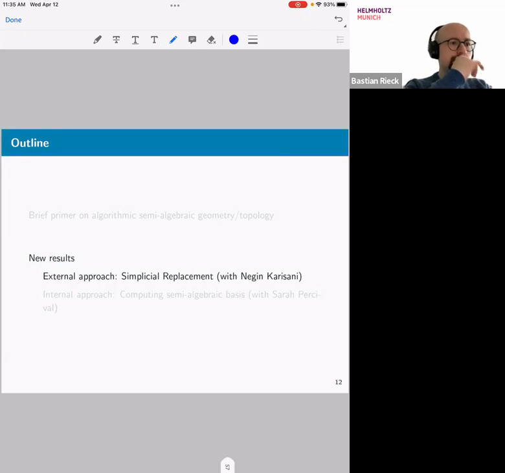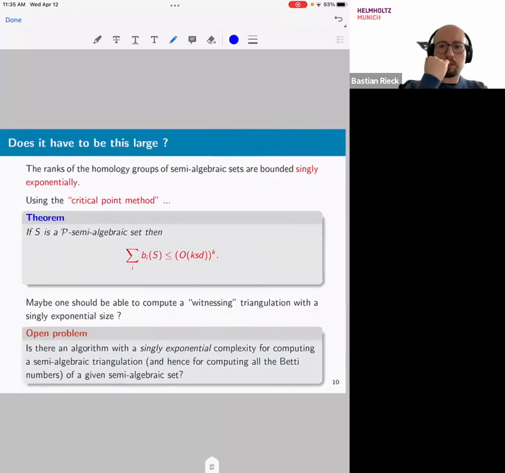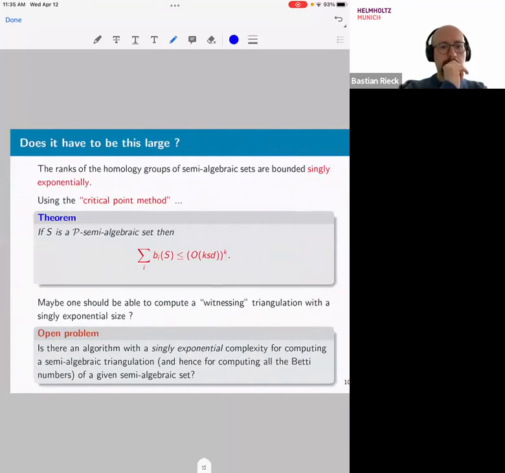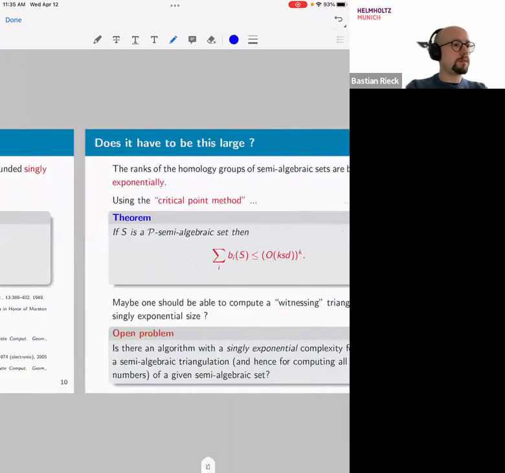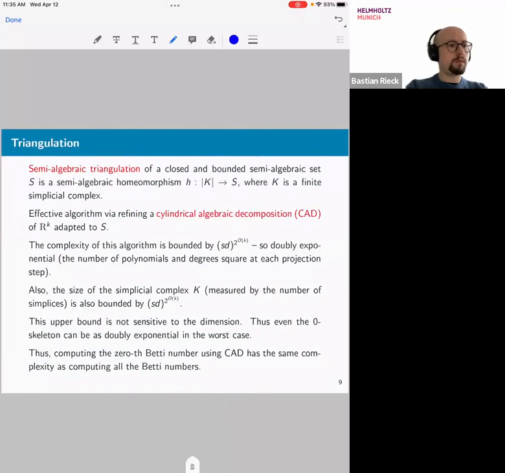So up to dimension L or L minus 1, I would be able to just look at this low-dimensional semi-algebraic set and deduce homological information. By the way, that's not possible using triangulation because of what I mentioned before, the fact that the upper bound of the triangulation is not sensitive to dimension.